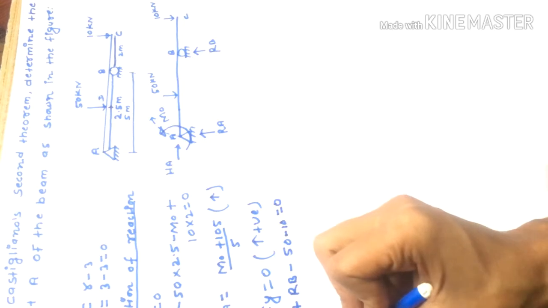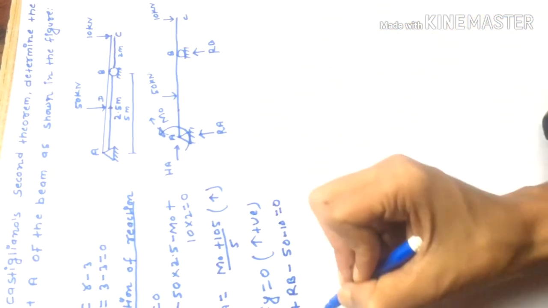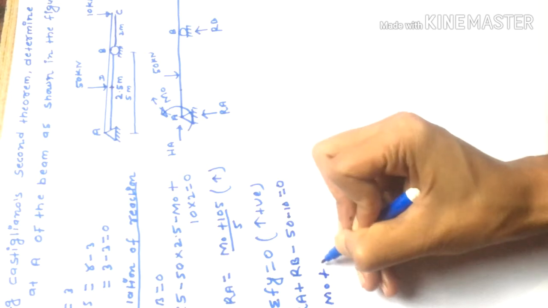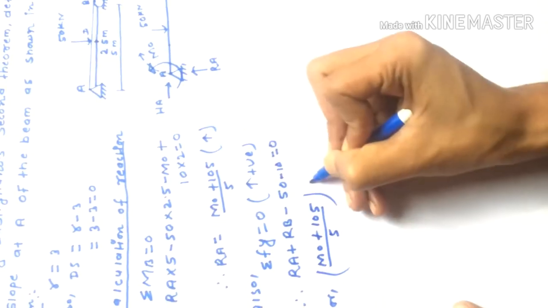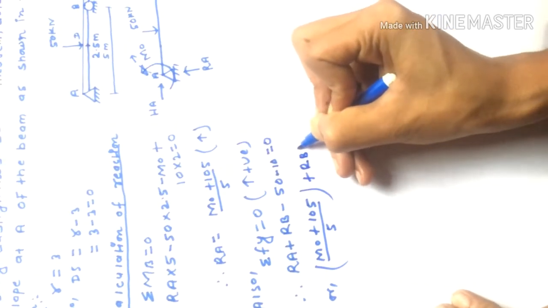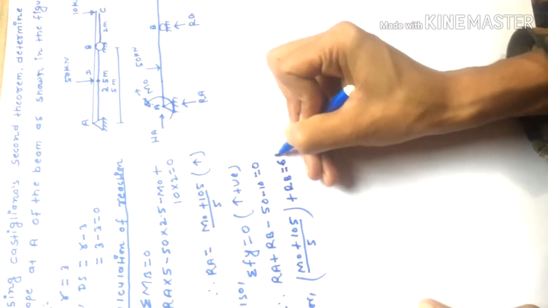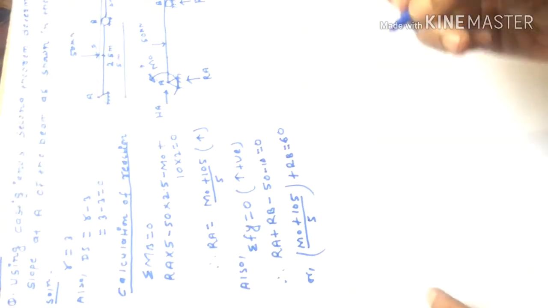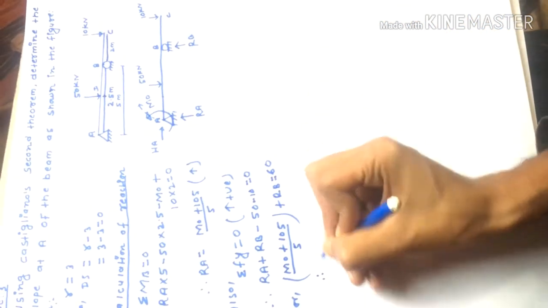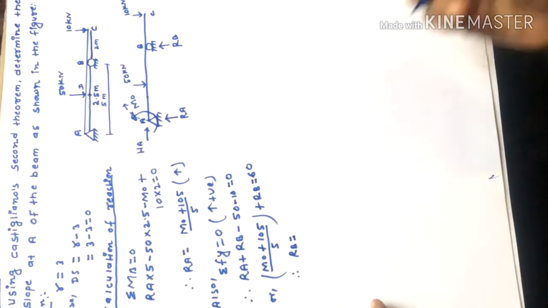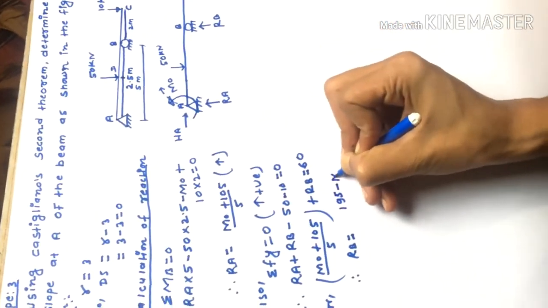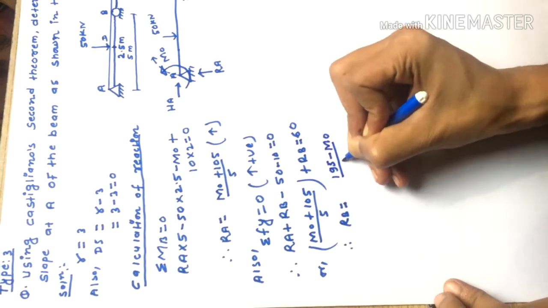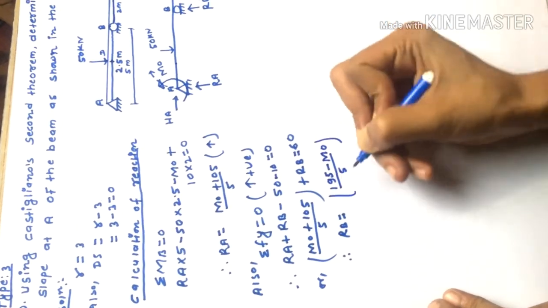So replace the value of RA, that is (m0 plus 105) divided by 5, plus RB is equal to 60. On calculating, we get the value of RB as RB is equal to (195 minus m0) divided by 5.